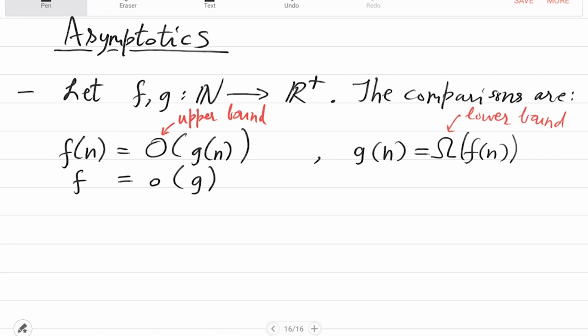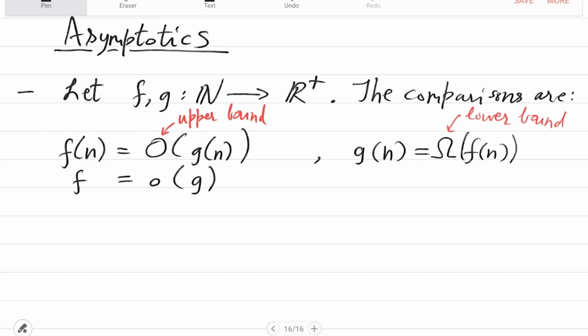So whatever is g, f is significantly smaller than that. So as n keeps growing, this f over g tends to 0 in the limit. And similarly, it's equivalent to saying that g is little omega of f. Okay, so these are the strict versions of upper bound and lower bound.